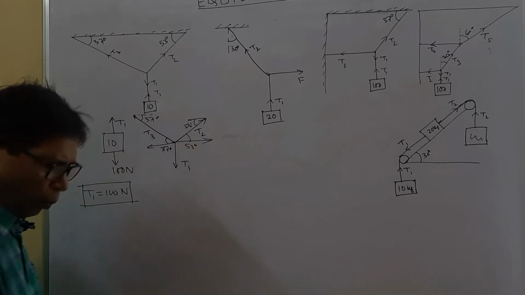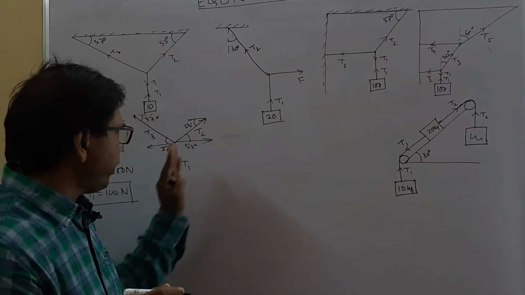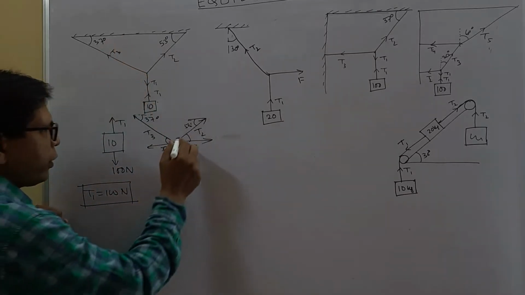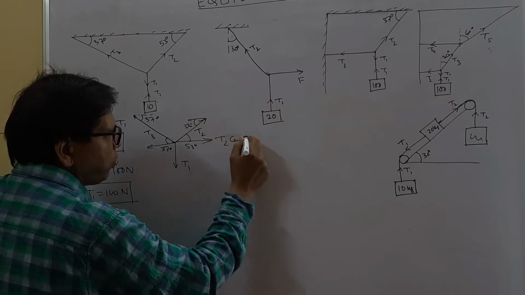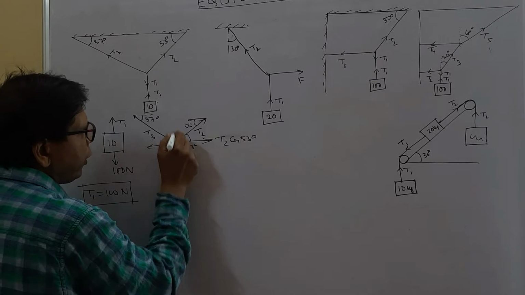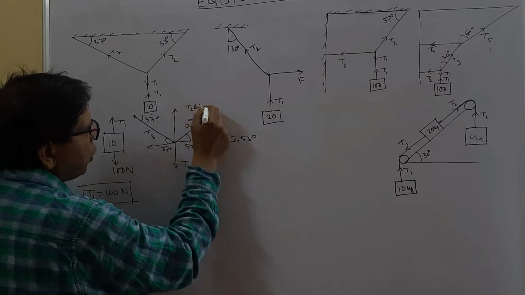Now we have to resolve T2 and T3 along the horizontal and vertical directions. The component of T2 along this direction is T2 cos 53 degree, and along this direction, T2 sin 53 degree.